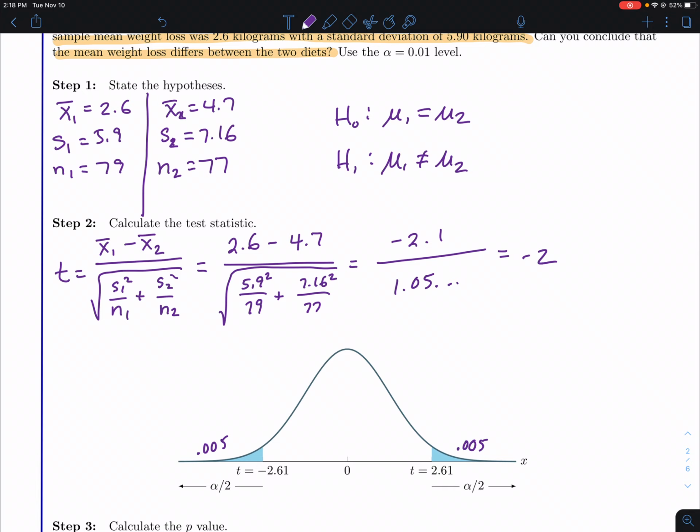And then the other 99% is going to fall in the middle. So this is our 99%, our fail to reject range. And then these two ends down here are going to be our reject H naught range.